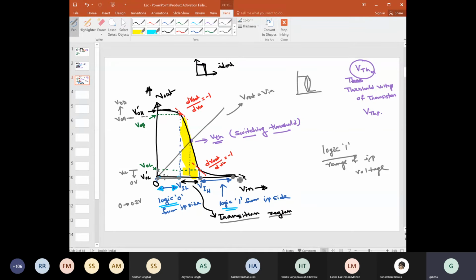Similarly, suppose you want to give logic 1, which is 5 volt in a particular case. Due to noise, that voltage changes and becomes 4.8 or 4.7 volt. You are not operating here, but still operating here.